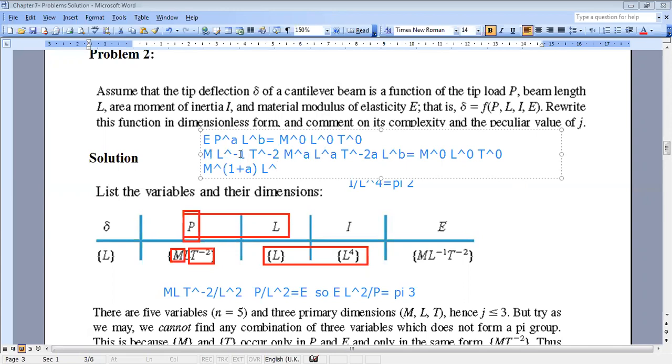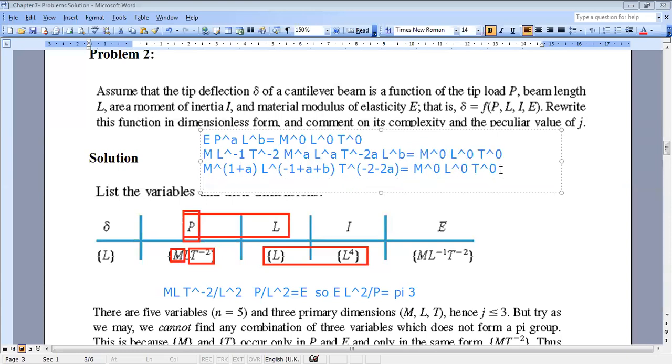You have minus 1 plus a plus b. And what about T? For T, it's to the power minus 2 and minus 2a. So minus 2 minus 2a. Okay, equals, from the other side, to M0 L0 T0.